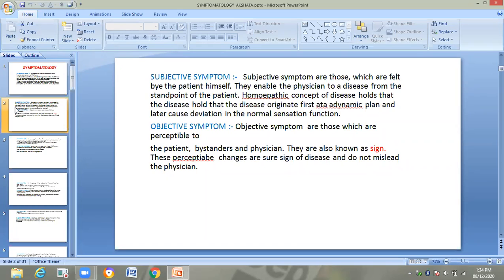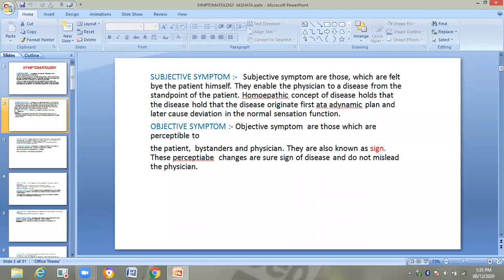The patient feels that he cannot function efficiently. He feels that something is wrong with him. Slowly, he discovers that there are various unwanted sensations or changes in his functioning.